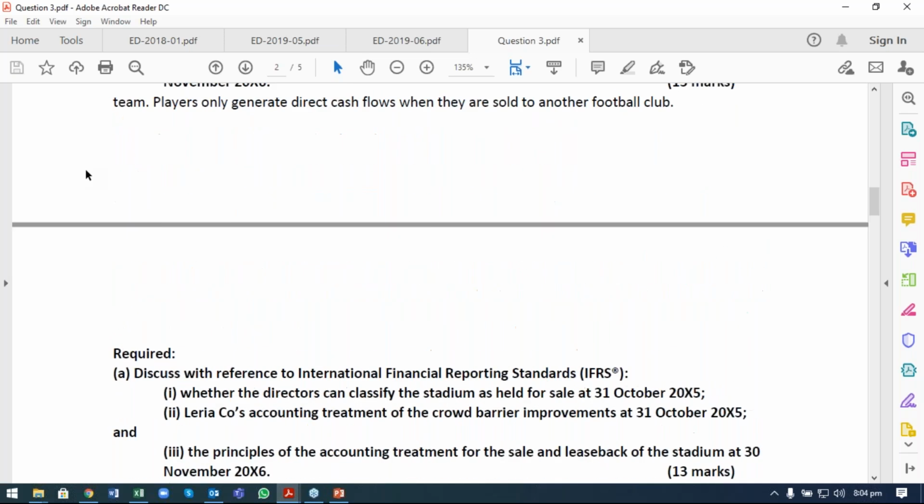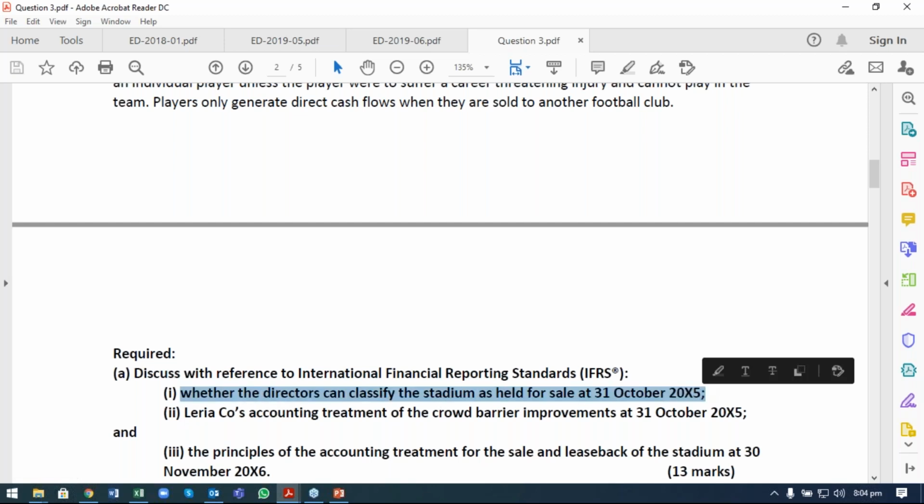So we are not going to place this asset. I'll be looking into the answer, but first we are answering this requirement. Can we place this asset? First you need to explain whether we can place it or not. As far as the discussion is concerned, I think yes, we can place it.